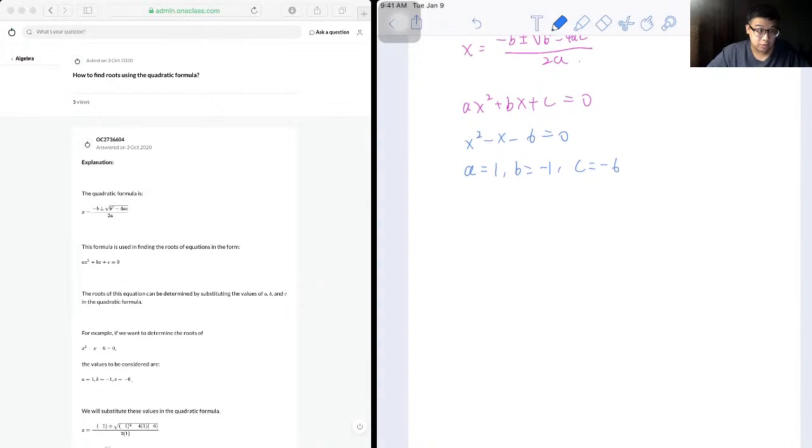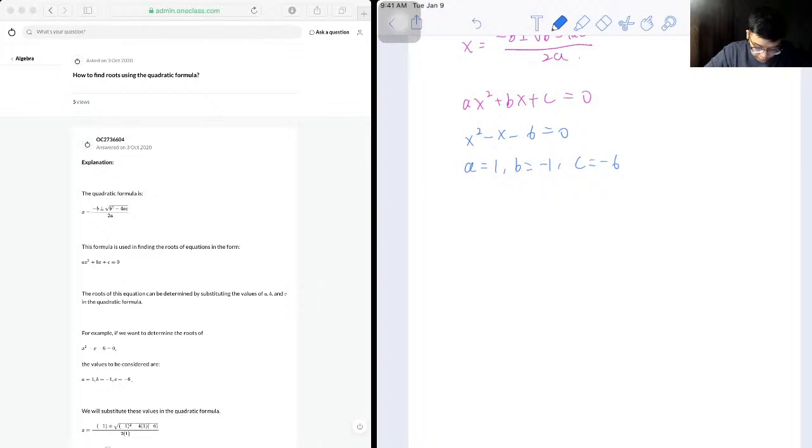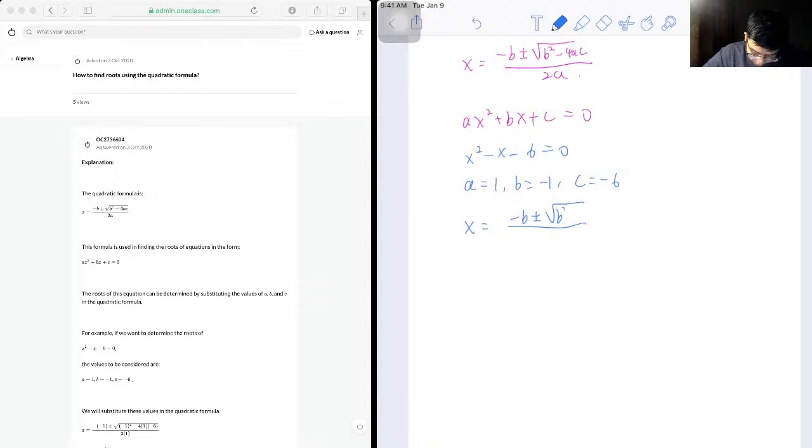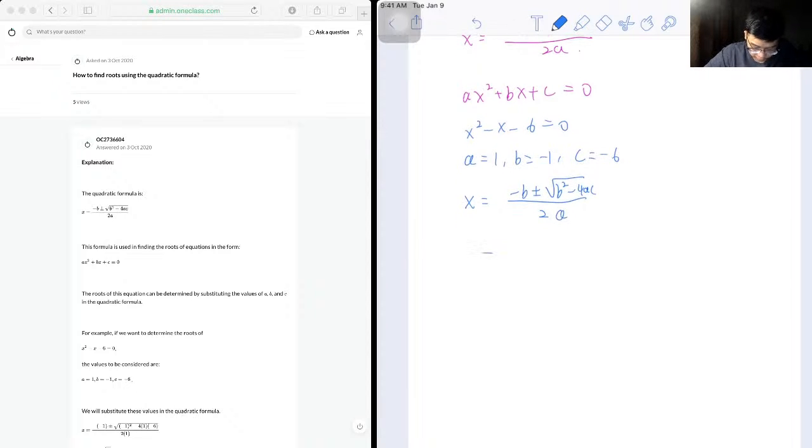So after knowing this, we're going to substitute these values in the quadratic formula. Let's copy down the formula first: negative b plus or minus the square root of b squared minus 4ac, over 2a, which is equal to negative negative 1, I will just leave in this form for now, plus or minus the square root of b squared, negative 1 squared, minus 4 times 1 times negative 6.